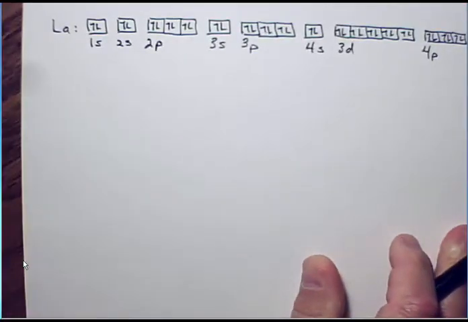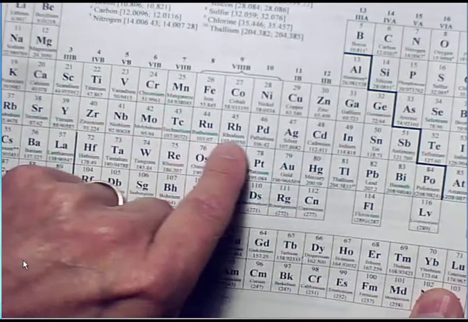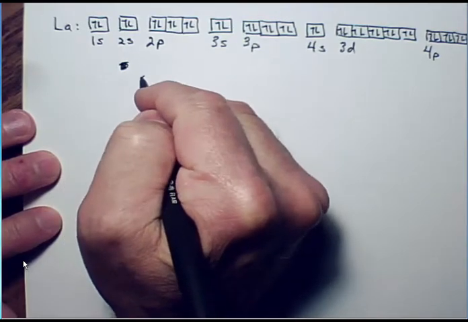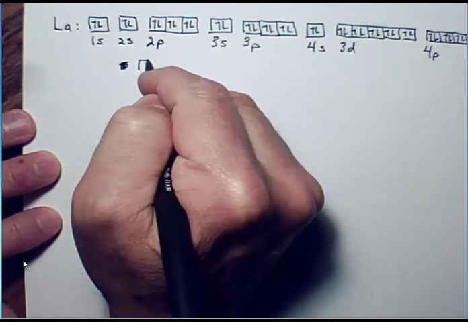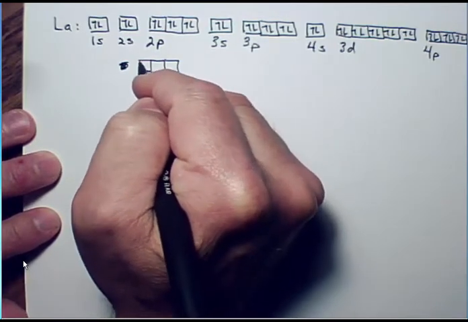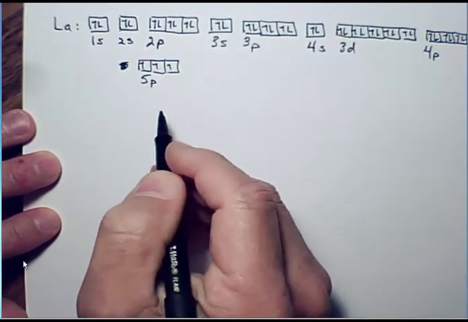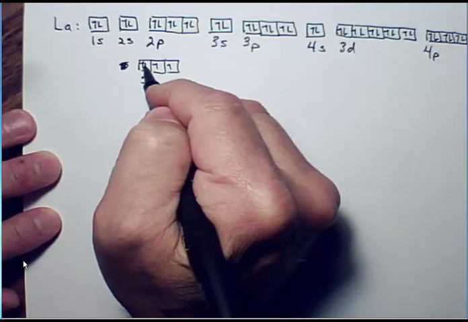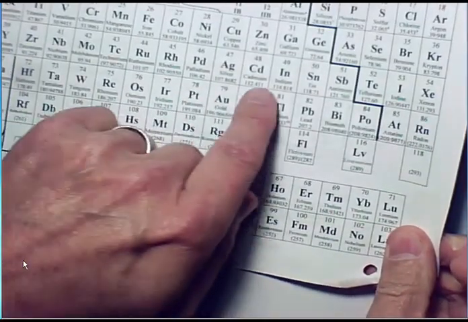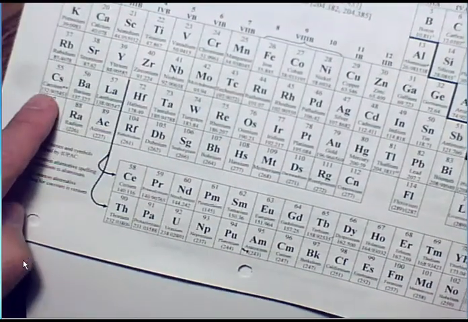After 4d, now we get to 5p. And then we're going to go back and pair up all the electrons. After 5p, now we're going to have 6s.